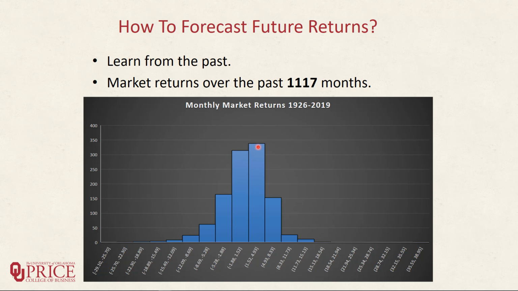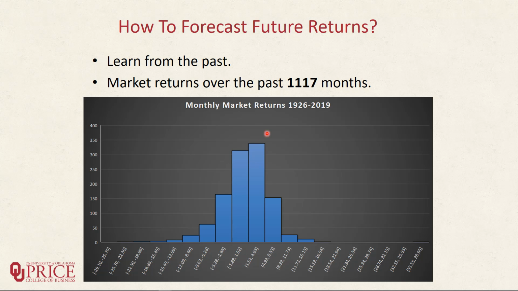And if you look at the height of this bar, we have about 340 months whose return fell into this interval. Similarly, let's take this interval as an example. This represents the interval between negative 1.88% per month and 1.52% per month.